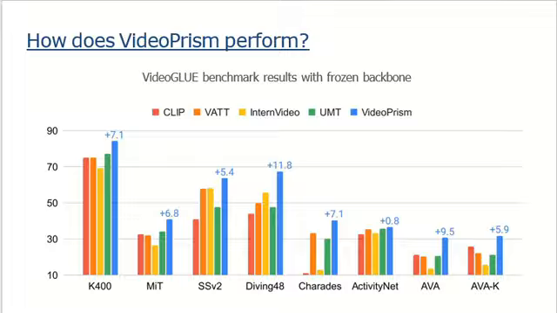So, even with a frozen backbone, VideoPrism delivers strong, reliable performance across a wide spectrum of tasks. So, moving forward, we'll see how it handles retrieval tasks where things get a bit more interactive.